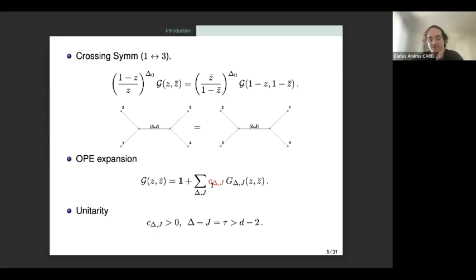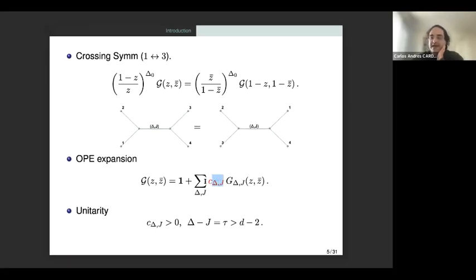The other constraint we impose is that there is an OPE expansion. So we assume that there is a way that multiplying two operators in my theory could be written in terms of a linear combination of single operators. This is a consequence of the existence of an OPE expansion for operators.